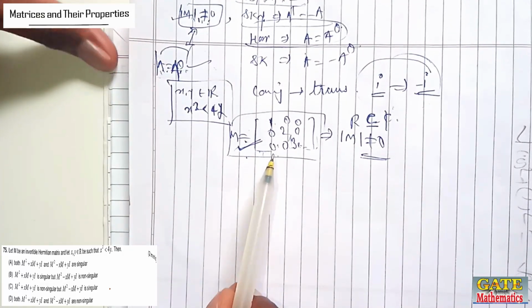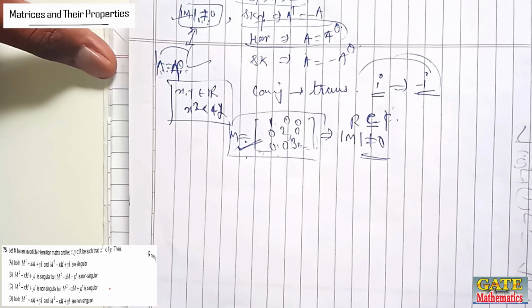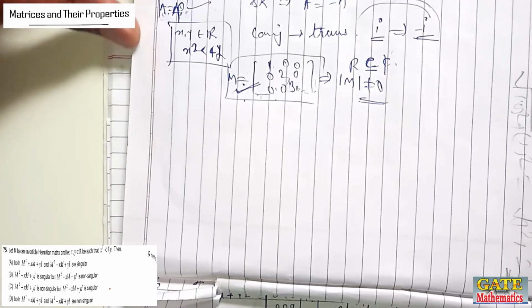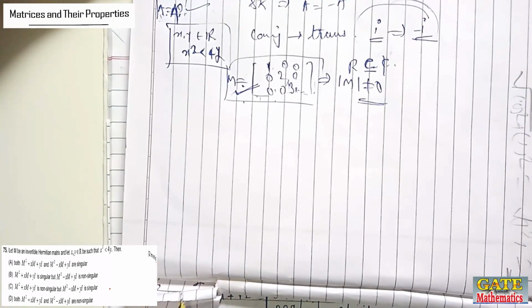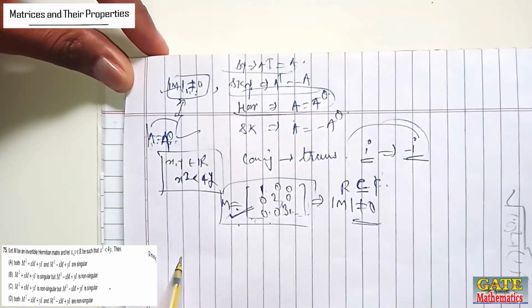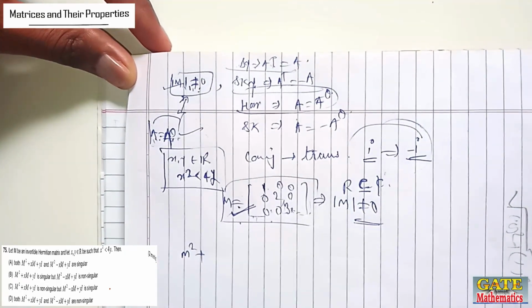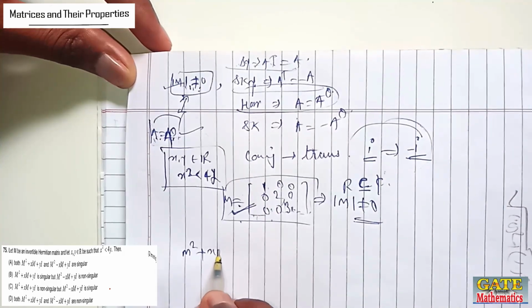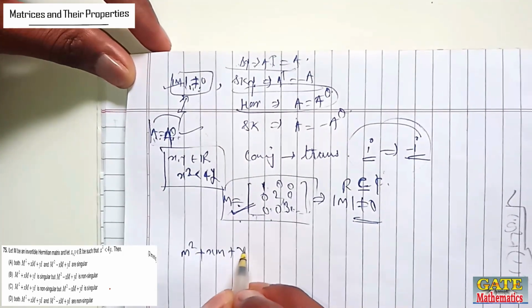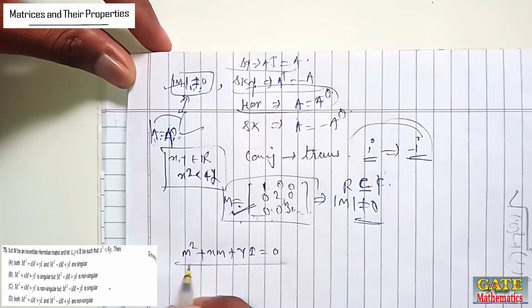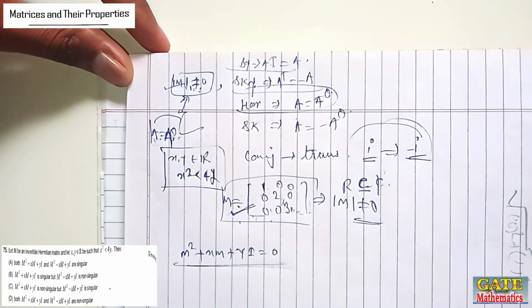Now apply this matrix to our first characteristic equation and find out its values. The first characteristic equation is M square plus xM plus yI. We have to check whether it is singular or not.